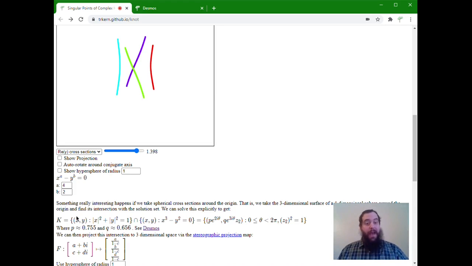But the one that works best for this application is going to be the stereographic projection. And the idea here is that you can kind of visualize this. You have the sphere, and then you shine a light down at the North Pole. And then you kind of lay the sphere on a piece of paper, and wherever the light goes through the sphere, it'll shine and give you shadows on the plane below the sphere.